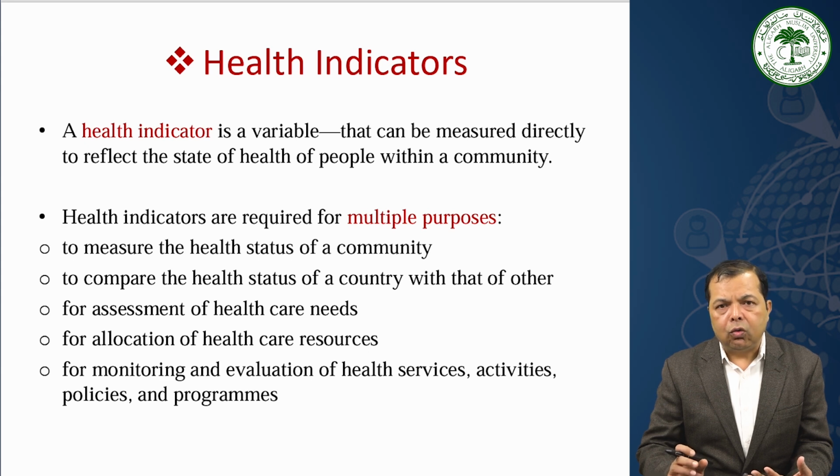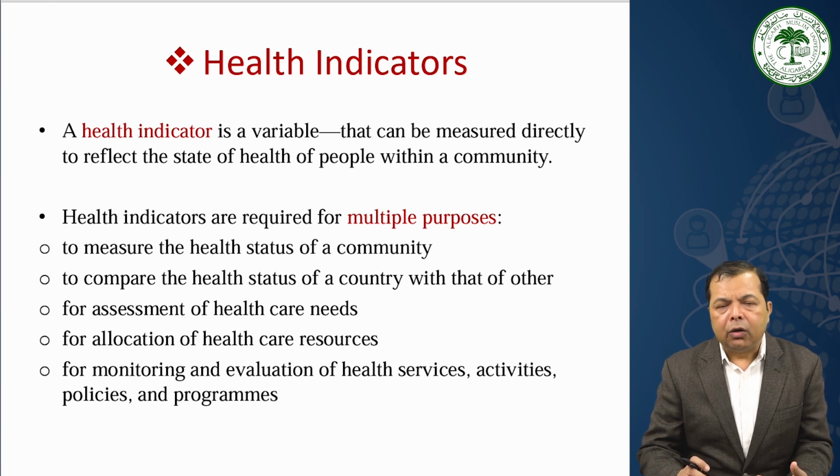We are all familiar with the health indicators, but I'm talking about the indicators here so that we should have a fair understanding of a good number of indicators that we are making use of. Health indicators are required for multiple purposes, like to measure the health status of a community. If we want to know about the health status of India, then how can we know without making use of the indicators?